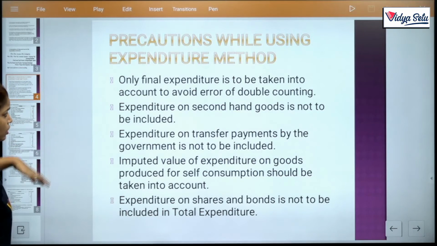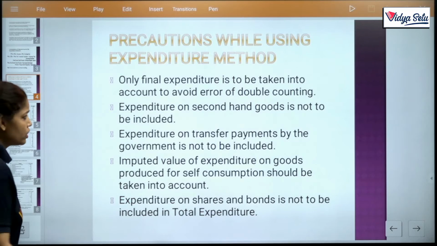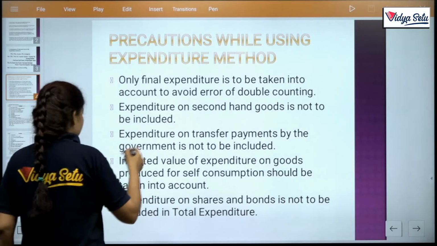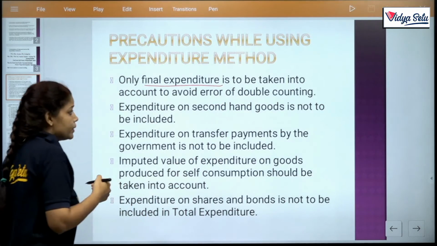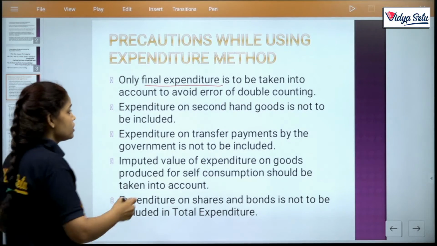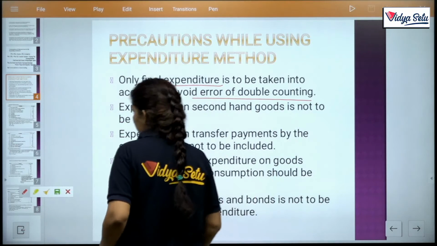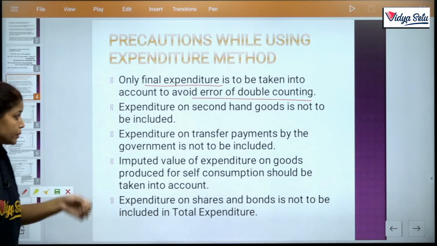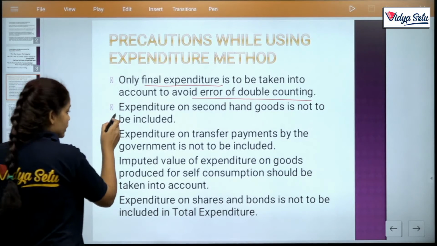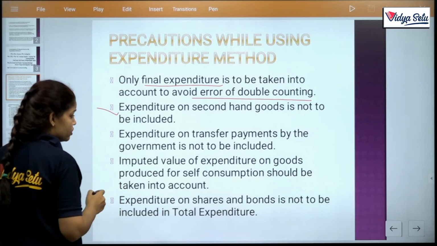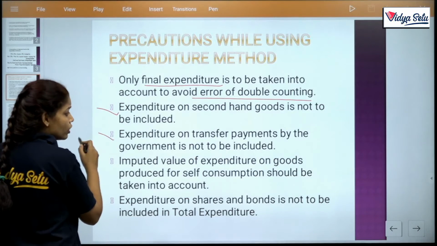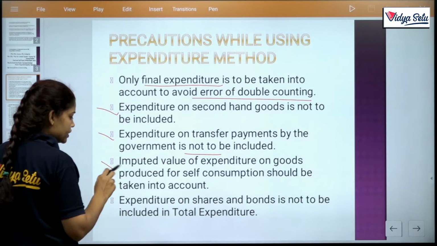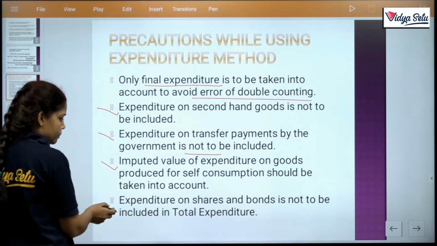Precautions: we take only final expenditure. Intermediate expenditures are not taken into account while calculating national income by the expenditure method, because it creates the problem of double counting. So we take only final expenditure. Next, expenditure on second hand goods is also not included; it is just copy paste in all 3 methods. Transfer payment is not included because it is not productive. Imputed value is included, but self consumption should not be included.